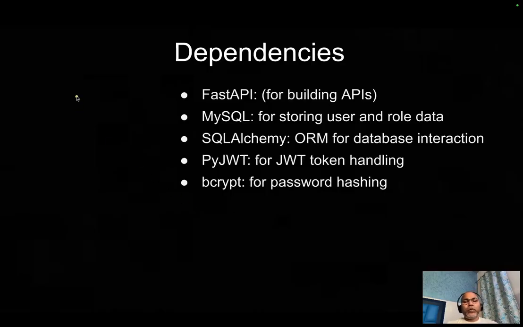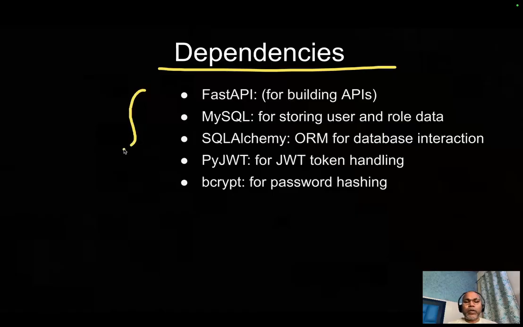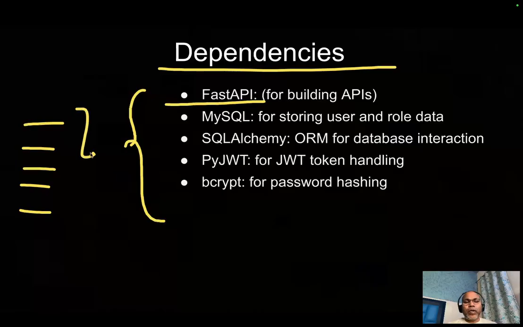Before starting the implementation, let's talk about the basic dependencies we are going to use. First, FastAPI, because we are going to build a couple of APIs, and Python provides lots of frameworks to develop REST APIs.